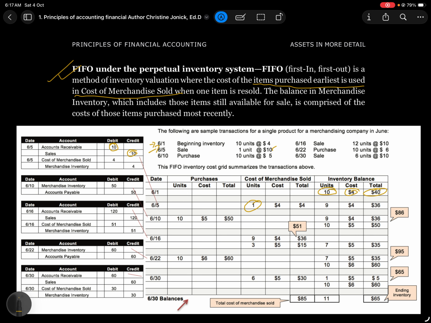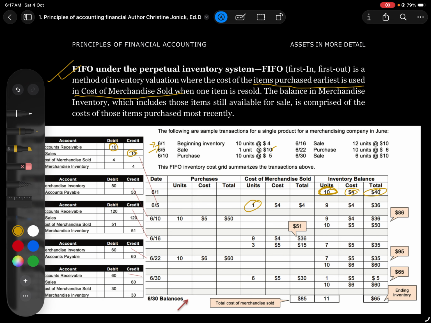We would need to do debit cost of merchandise sold, credit inventory, but by how much? What method are we using? FIFO, right? So under FIFO, currently we only have one particular value.